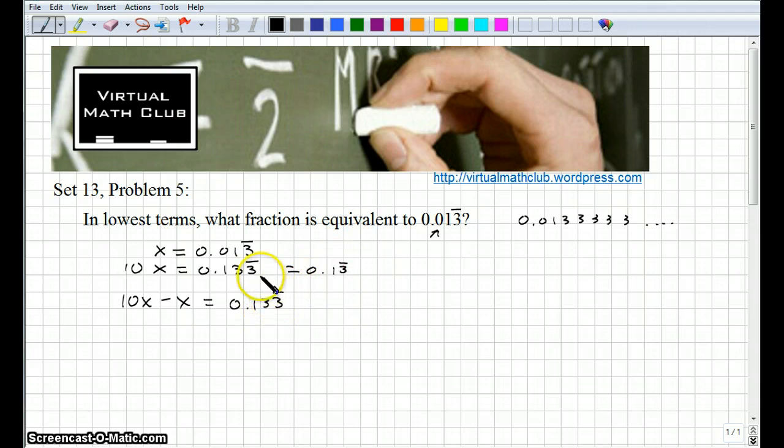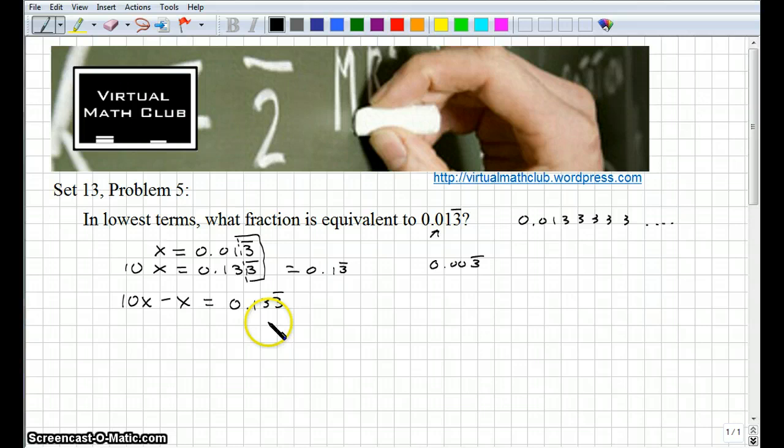But the reason that I wrote it as 0.13 with a 3 repeating, it's the same thing, but you can see now that if I were to subtract these two numbers, we could get this part of the decimal to cancel out. So we have this 0.003 with a 3 repeating that will cancel out of both of them, right, if we subtract the two.